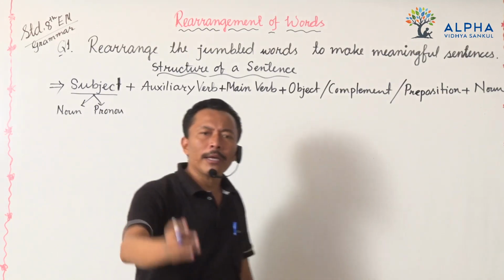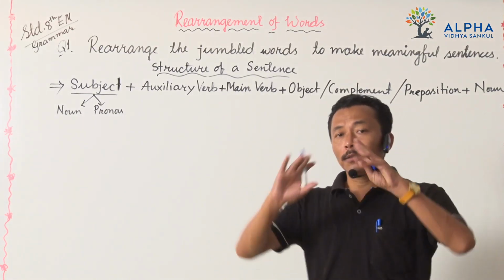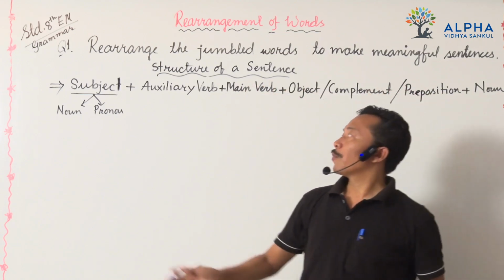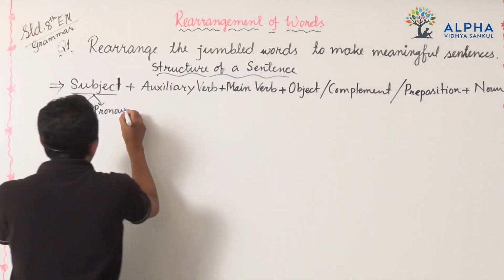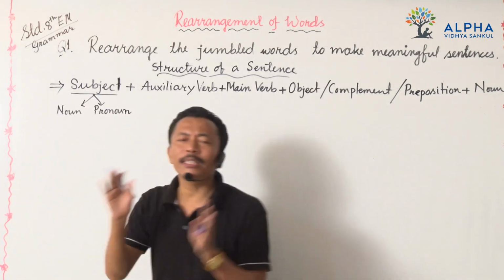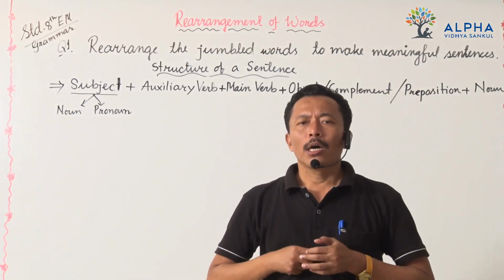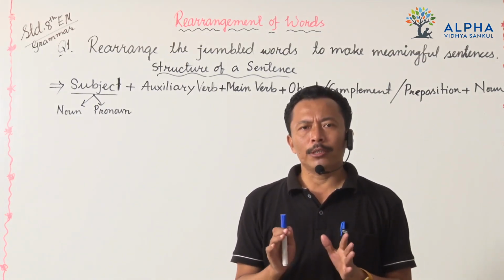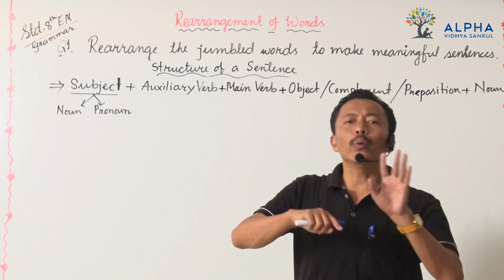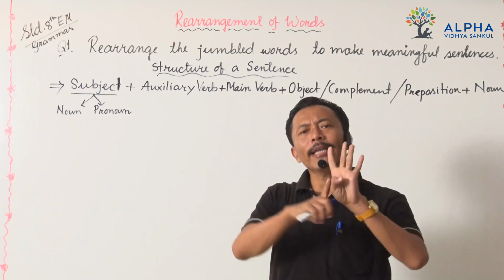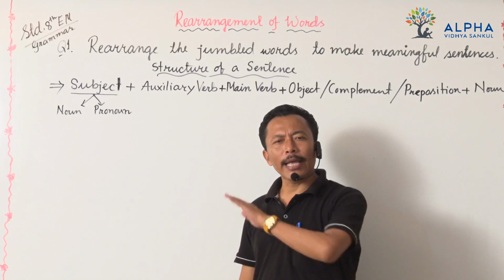There are eight parts of speech in English grammar. I repeat my words: among the eight parts of speech, two, noun and pronoun, can be the subject of a sentence in every sentence.